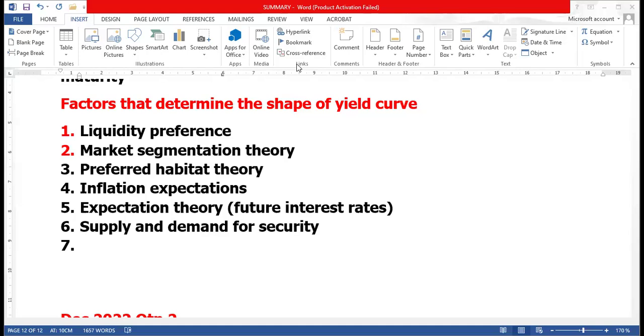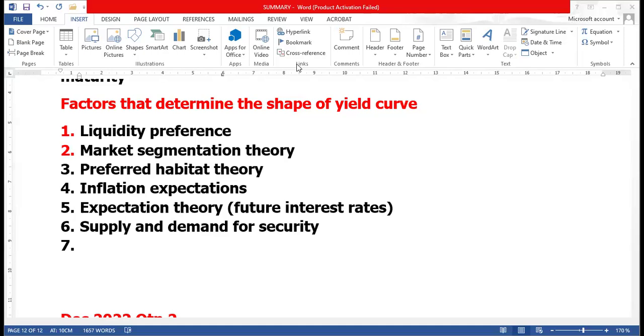That's limiting borrowing, and that means, in one way or the other, it is going to affect the interest rates of securities. So in that line, you can look at it from that perspective.